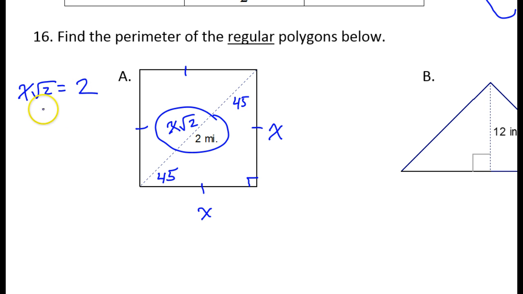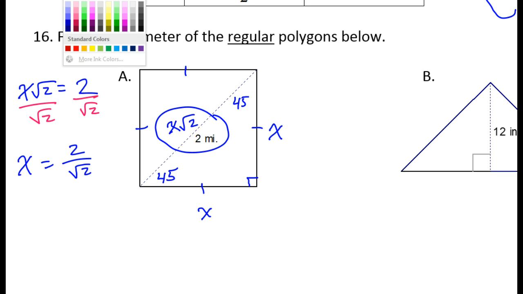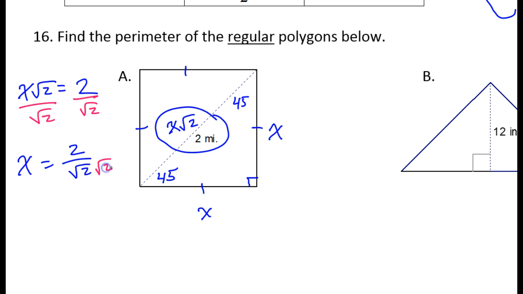Okay, so I just need to solve this for x. Of course, I will do that by dividing both sides by radical 2. Alright, so that gives me 2 over radical 2. Now, normally we like to rationalize the denominator by multiplying the numerator and denominator by the radical.